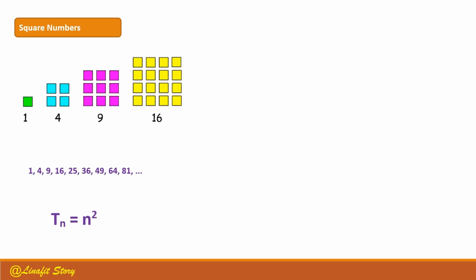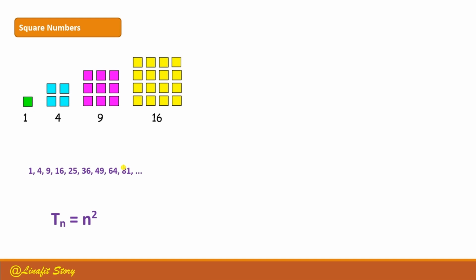Square numbers. Numbers which can be arranged in a square shape. For example, 1, 4, 9, 16, 25, 36, 49, 64, 81, and so on.